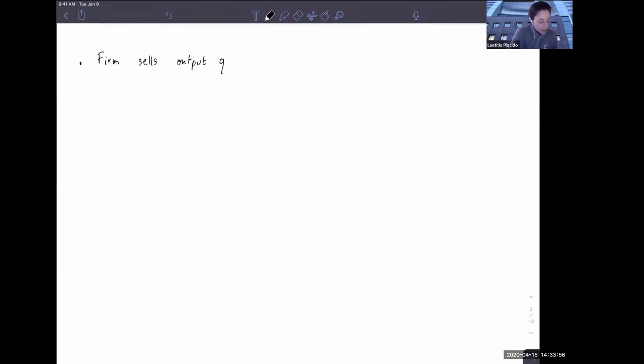So the firm here is going to sell a certain amount of output Q, and the revenue it gets from selling this output comes from the sales, and we are going to call it R(Q). Sometimes it's called TR(Q), but here I'm just going to put R(Q).